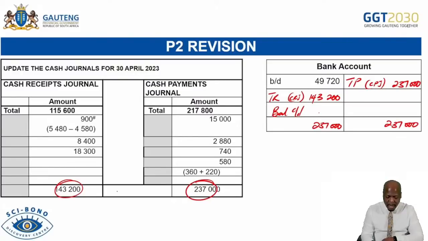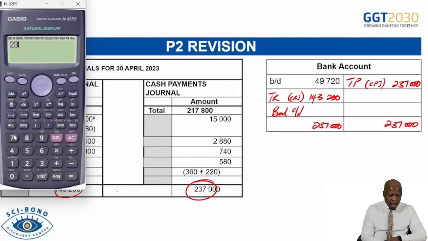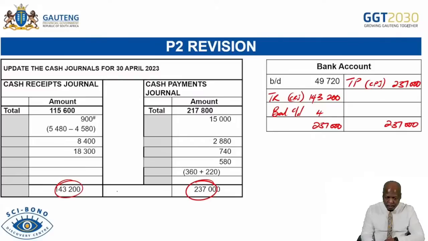And your balance carry down here is simply the difference between 237,000 minus 143,200 minus your 49,720. That's going to give you 44,080. So you come here, balance brought down 44,080.